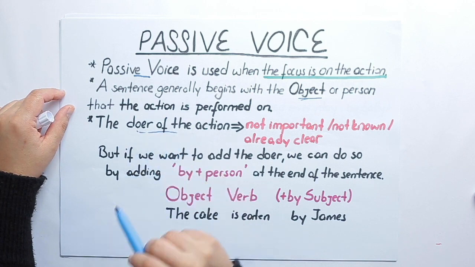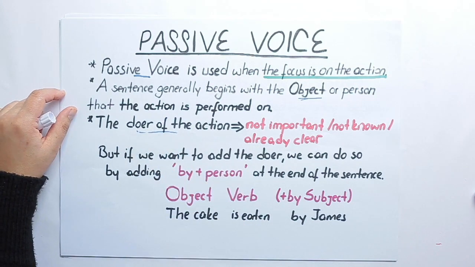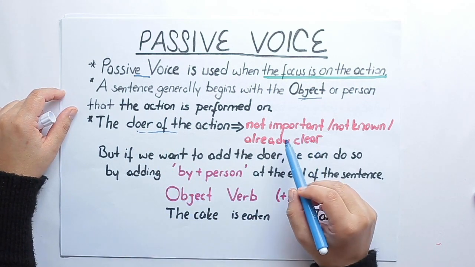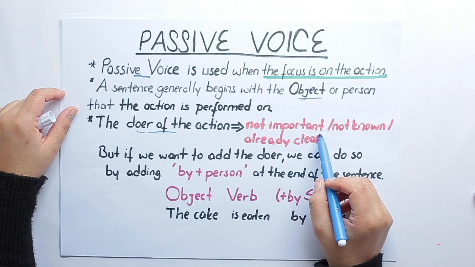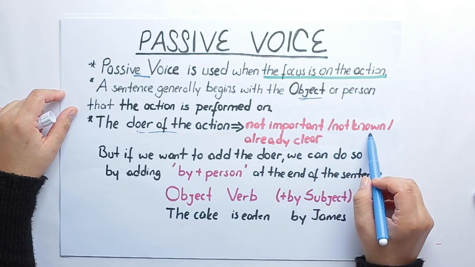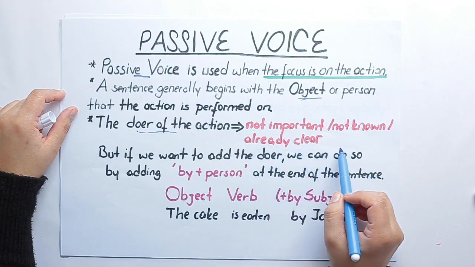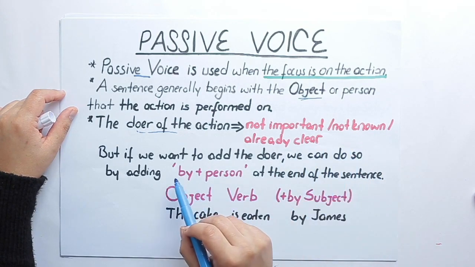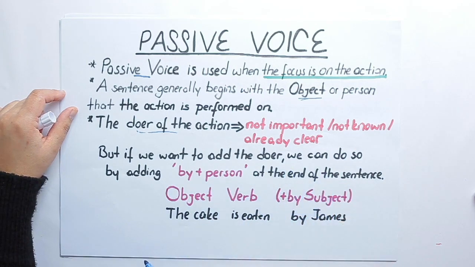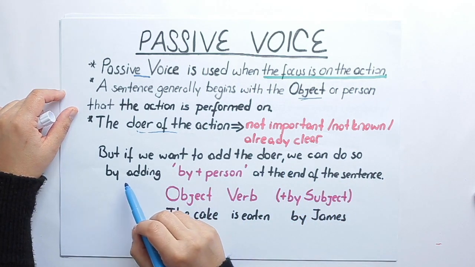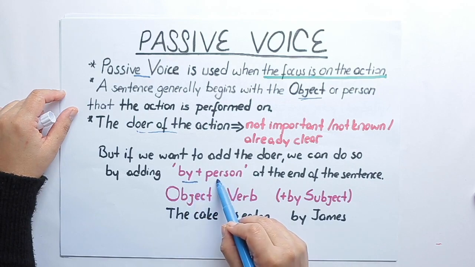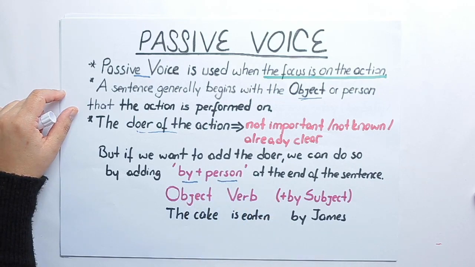The doer of the action, that is to say the subject of the sentence, is not important, unknown, or already clear. But if we want to add the doer, we can do so by adding by plus person at the end of the sentence. Object, verb, and it is optional if you want to add by subject.